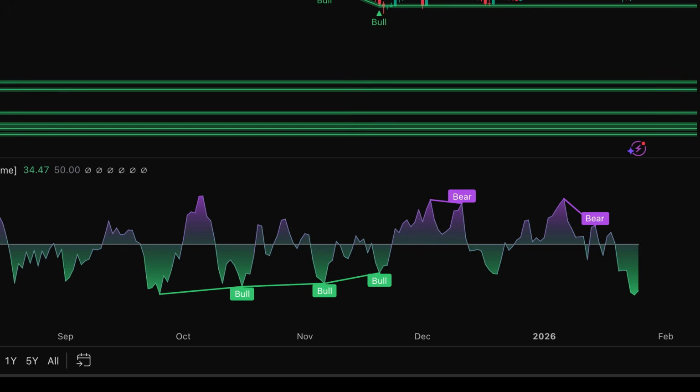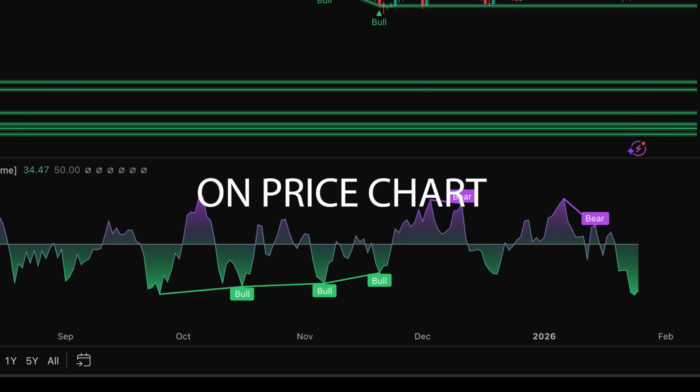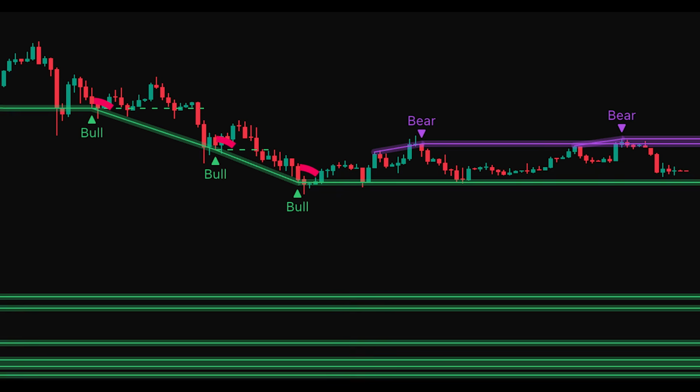When a valid divergence is detected, the RSI pane shows clear bull, green, or bear, red, labels on the RSI oscillator pane. Colored lines show pivot structures. On the price chart, it also places triangle bull or triangle bear markers right on the price chart at key points for instant visual cues. Lines highlight the exact price level at the divergence origin.